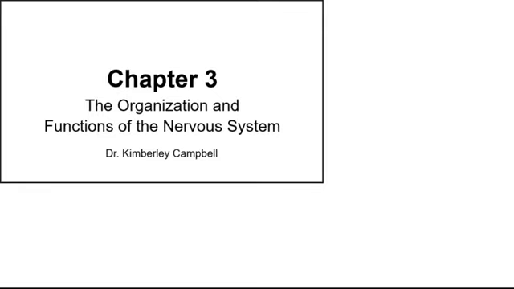posted on our progress. So for today, we're starting with discussion on the organization and functions of the nervous system. So this is basically meant to be a roadmap for the rest of the semester, where we start looking at where things are and the basics of what they do, so that as we move on into later chapters and start talking about specific things that are happening, and where those things are happening, we have that baseline understanding.